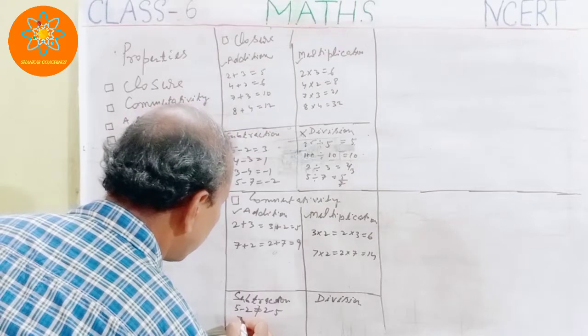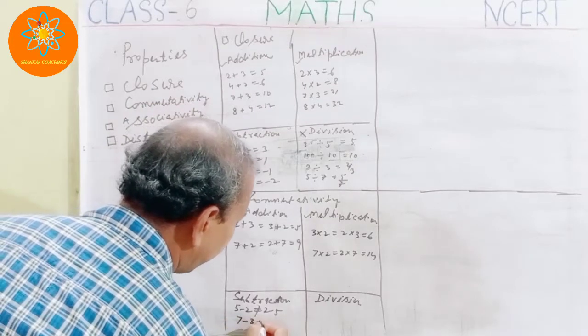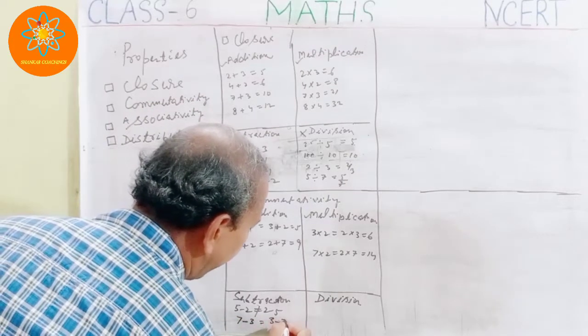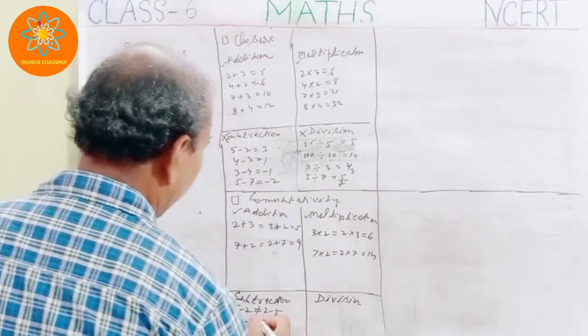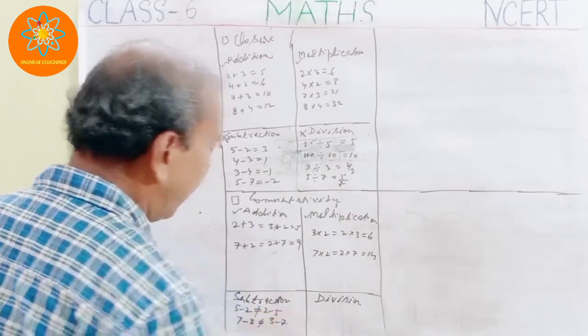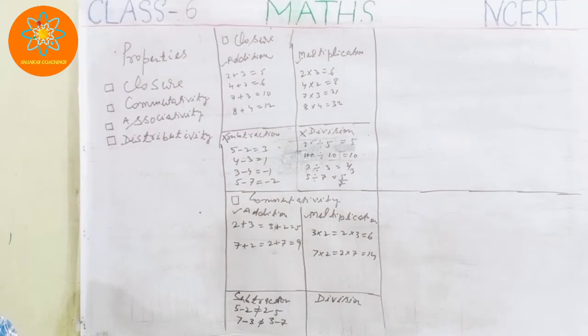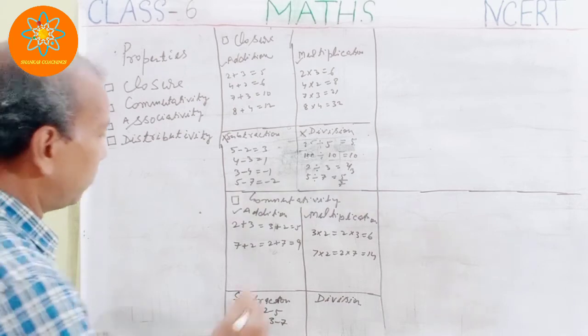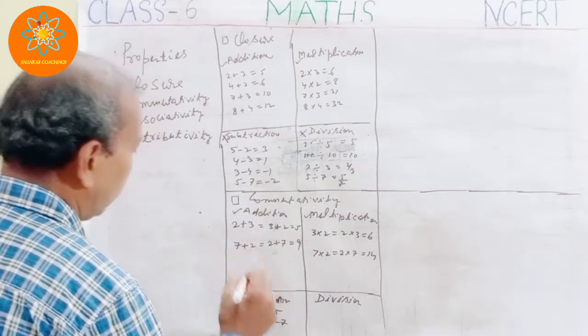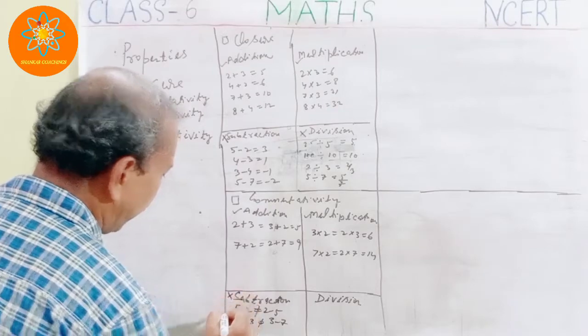Let's suppose 7 minus 3 and 3 minus 7. 7 minus 3 is 4, 3 minus 7 is minus 4. So these two are not equal after reversing. So the commutative property is not true for the subtraction.